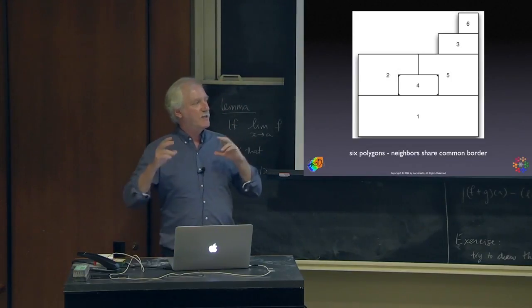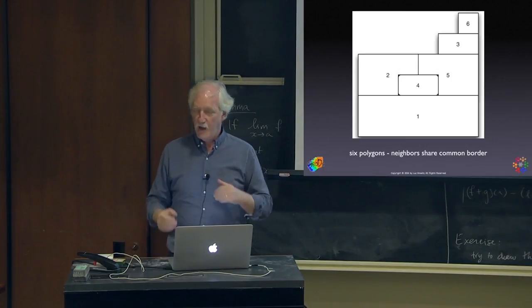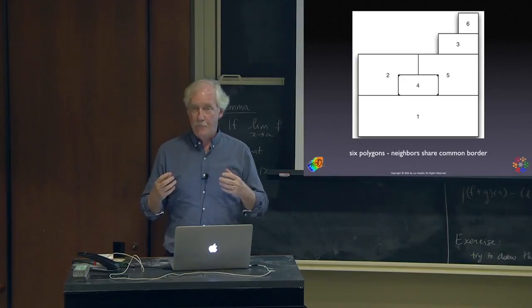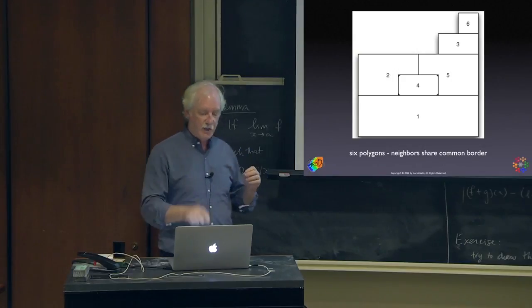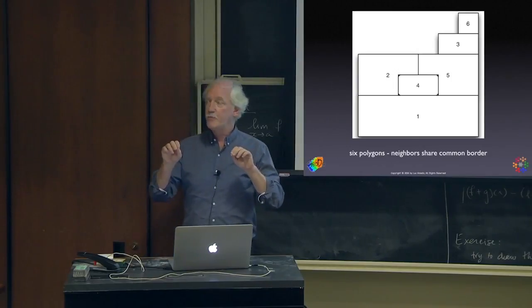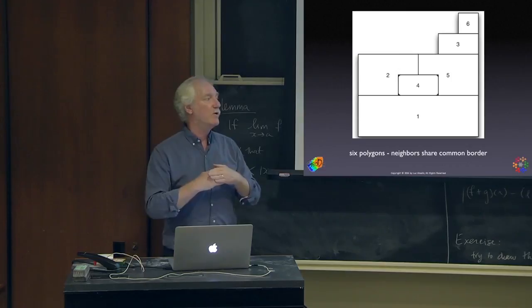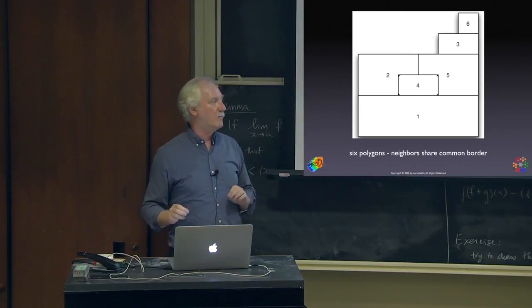You can also think of this a little more abstractly, the neighborhood structure as a network. And a network where each of these polygons, 1 through 6, is a node, and whether or not they have a neighbor, whether or not they share a common border, is a link between them.